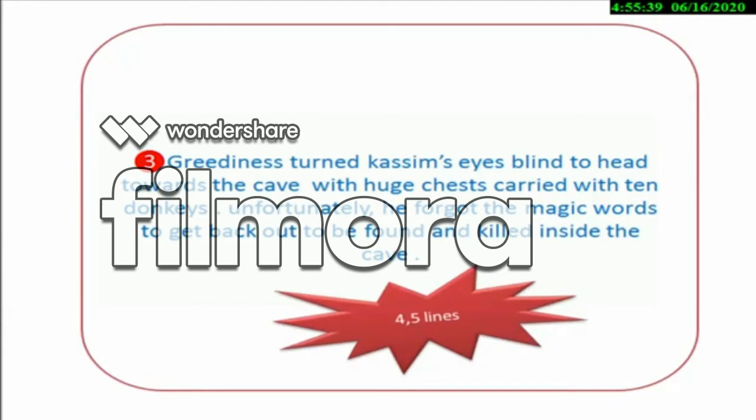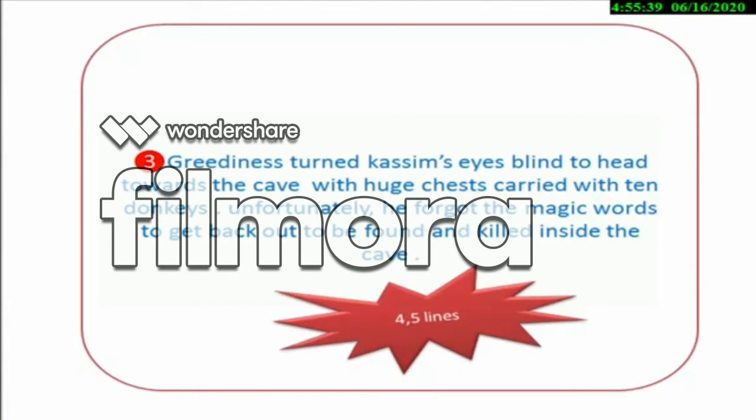Unfortunately, he forgot the magic words to get back out, to be found and killed inside the cave. So notice here we have only 4.5 lines. حوالي 4، لدينا فقط 4 أسطر، بعدين كان لدينا حوالي 8 أسطر. قمنا بالتلخيص لنقوم بشرح ما كتبناه.